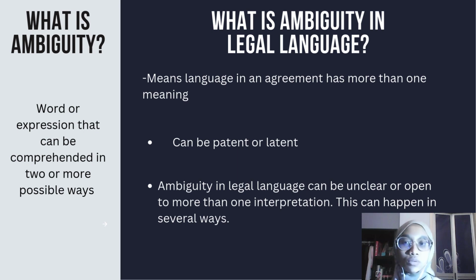In contrast to latent ambiguity, which is not always obvious but develops when clear language is applied to a subject and ambiguity results from outside factors, patent ambiguity happens when the language in the document itself has multiple meanings. Ambiguity in legal language can also be unclear or open to more than one interpretation. This can happen in several ways.